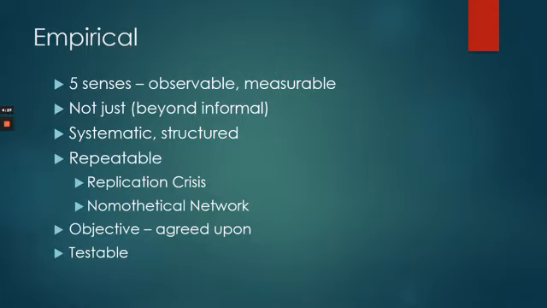I give enough detail that you could read my study and repeat it. So in science, we want enough detail, enough systematic and structured observations and measures that somebody could repeat that study.